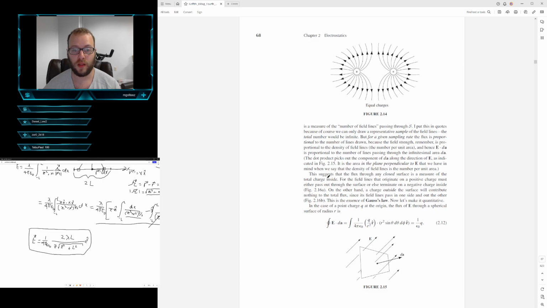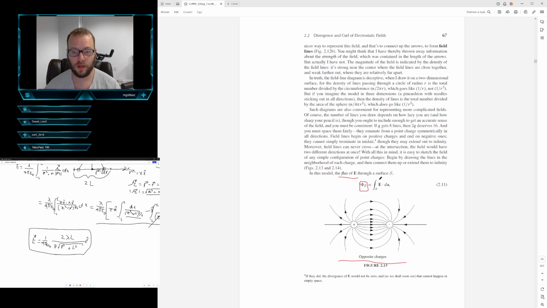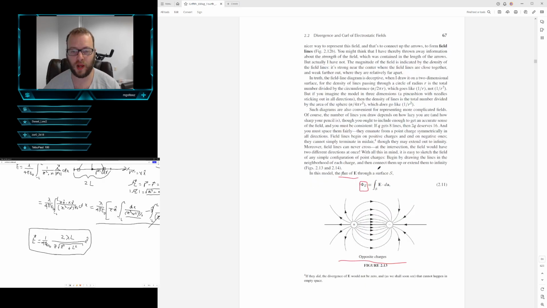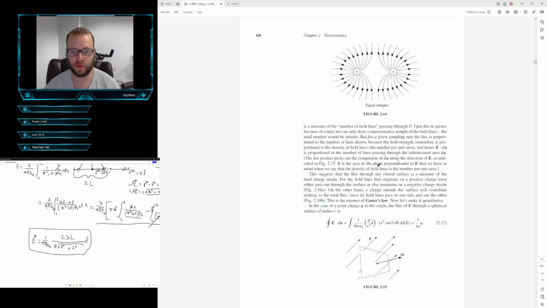So, remember, the flux tells you how many field lines are going through a surface.